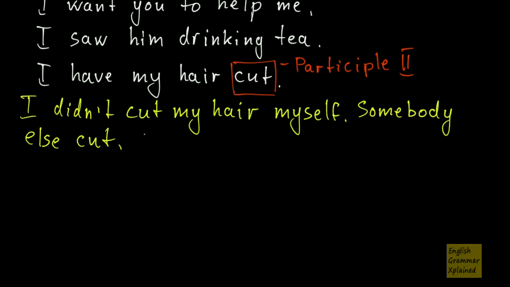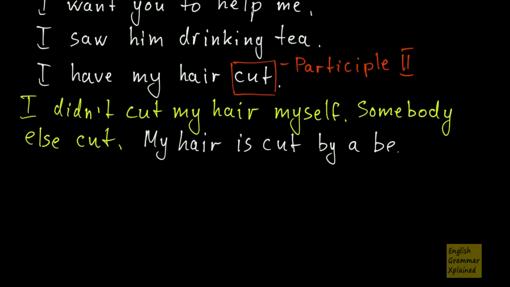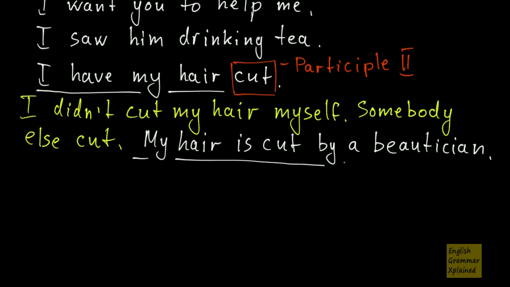For example, my hair was cut, or is cut because here we have present tense, by a beautician or hairdresser. And that will be quite the same as here. That's the same thing told just in another way.